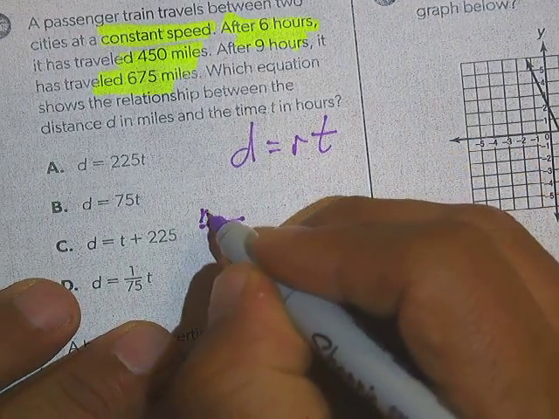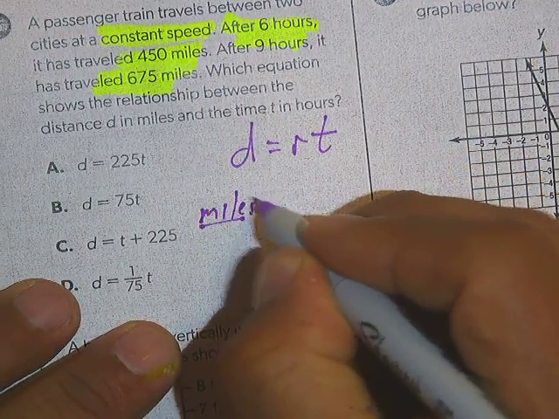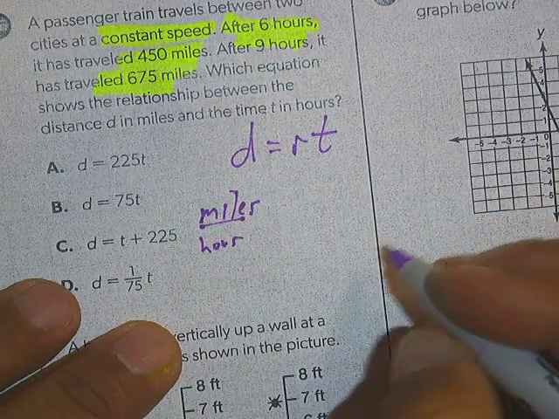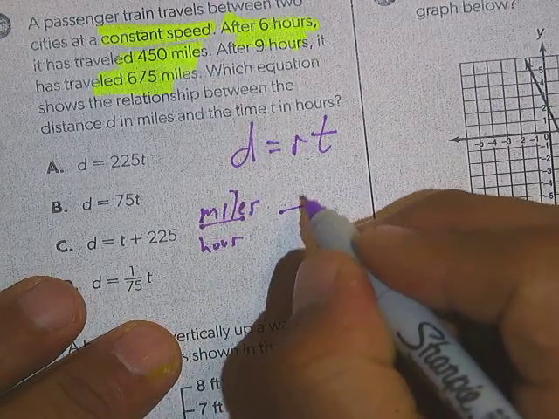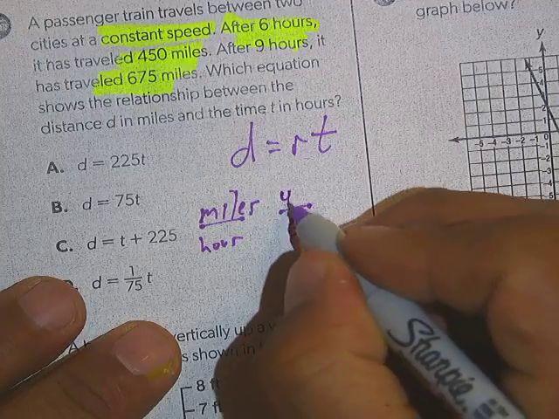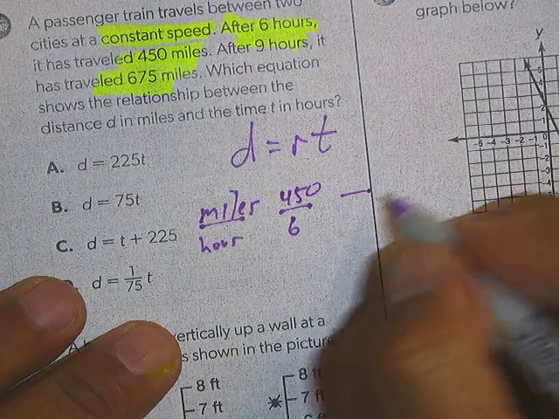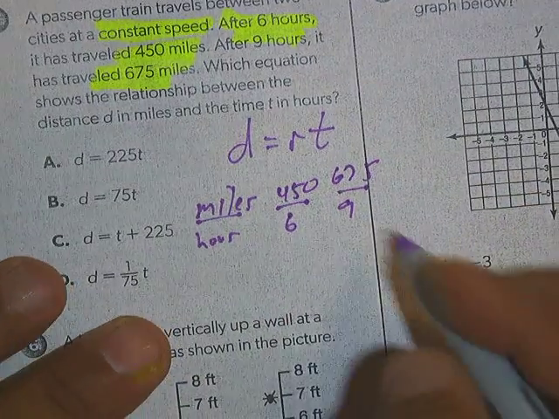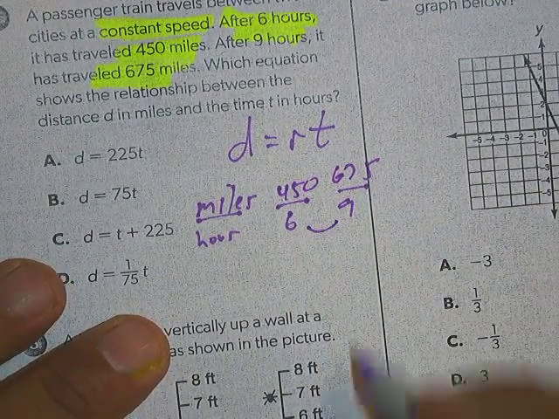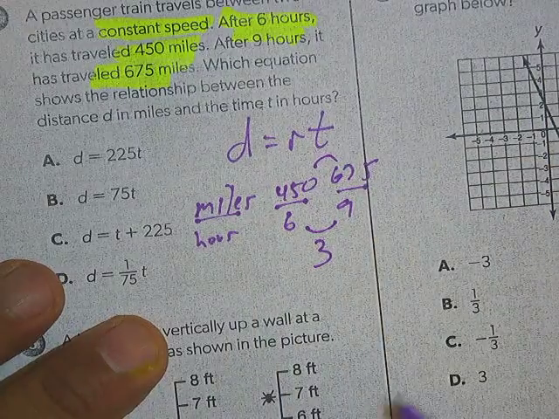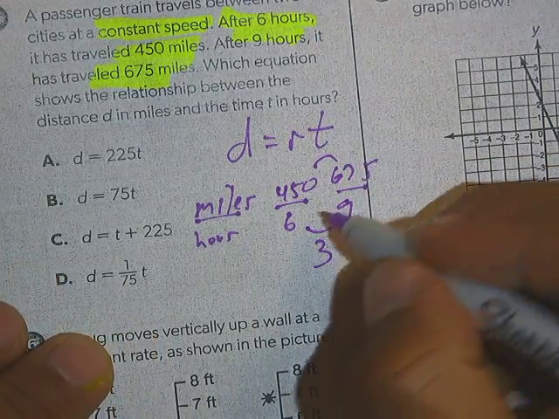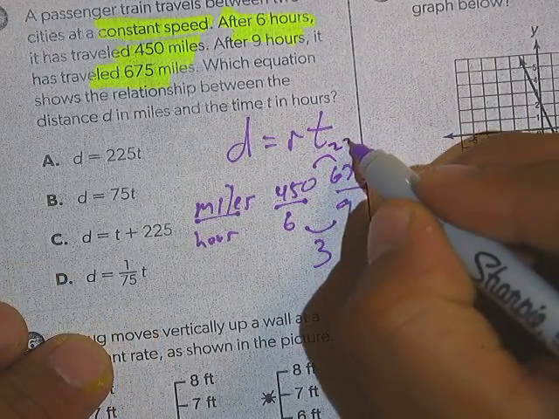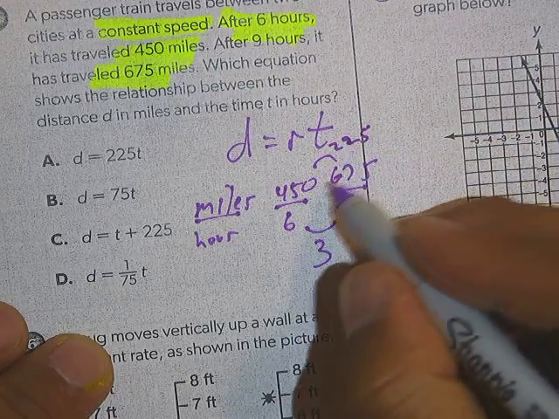So, remember in science we had this, distance equals rate times time. So you look for those. Now, you first need to find the rate of change. And we always say miles per hour, so miles, not hours per mile. So in 6 hours, I'm at 450 miles.